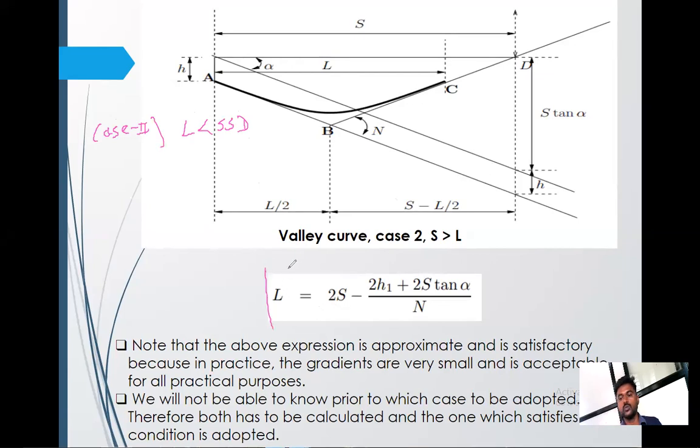L is equal to 2S minus 2H1 plus 2S tan alpha, divided by N.